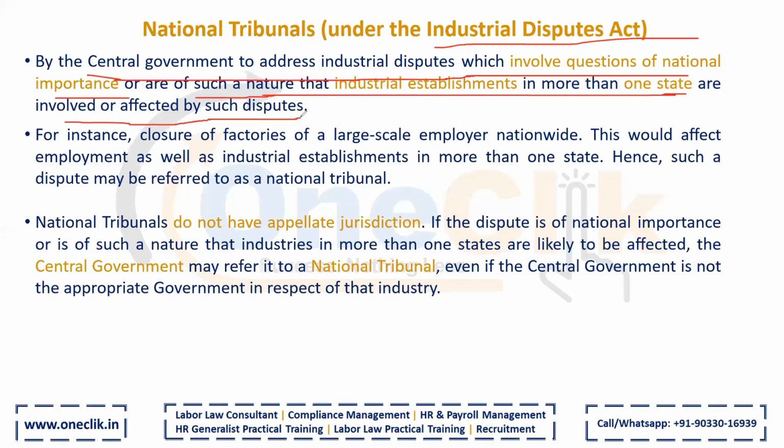So if your company has branches in more than one state, 2 or 3 states, that issue, or maybe an issue of national importance, is directly referred to the national tribunal. For example, closure of a factory of a large-scale employer nationwide would affect employment as well as industrial establishments in more than one state. So directly that will be referred to the national tribunal.